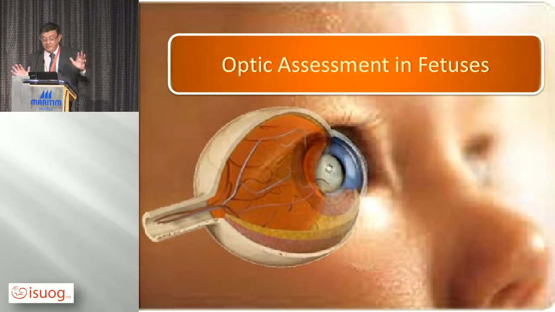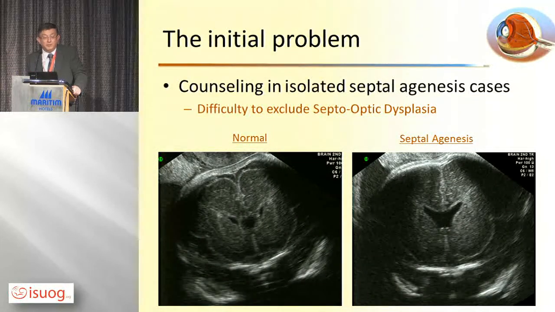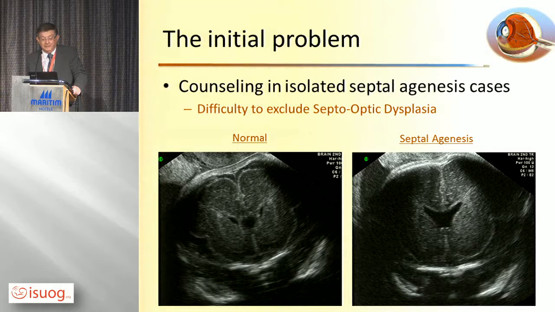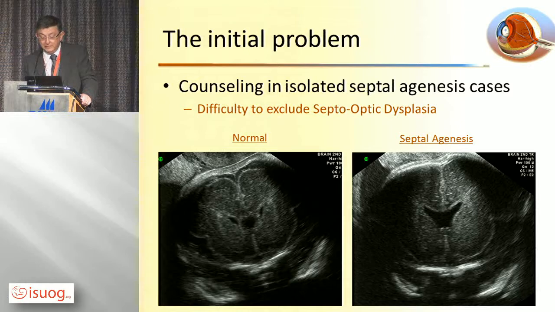Okay, and we will speak a little about the optic assessment in fetuses. The initial problem is the counseling of families that have a child with an isolated septal agenesis, which is becoming more and more common since we are performing ultrasound and looking at the septum pellucidum.